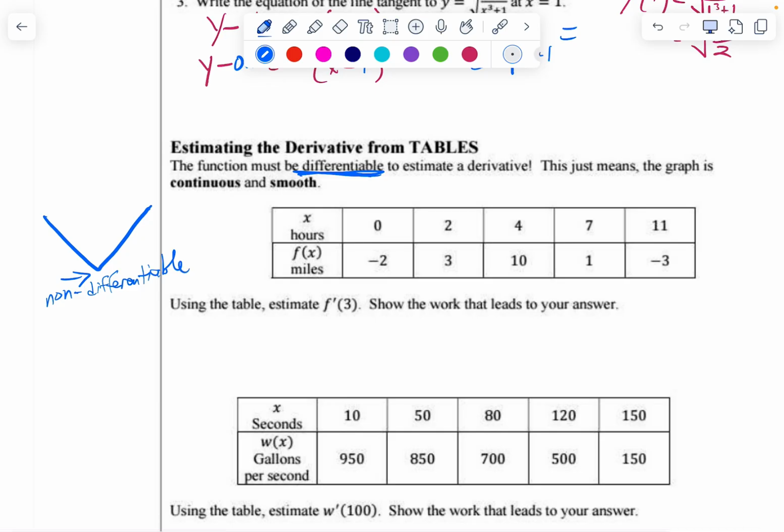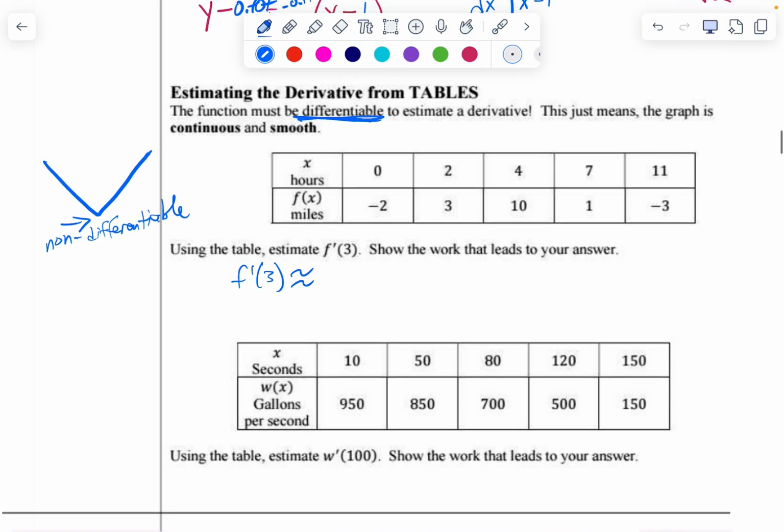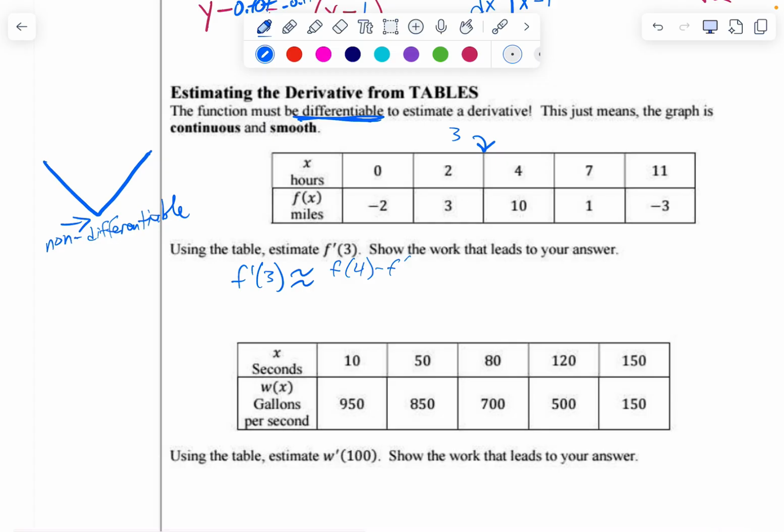So what it says, find f prime of 3. What do you think the best choice would be for that? We're definitely going to put our approximately symbol here. Well, it's going to be to take the slope around that point, which is just 4 and 2. That's as close as we can get. Okay.